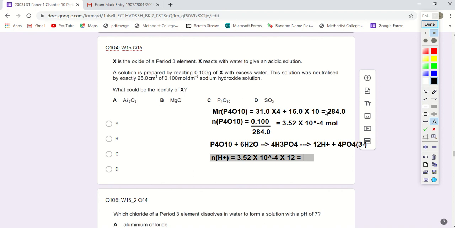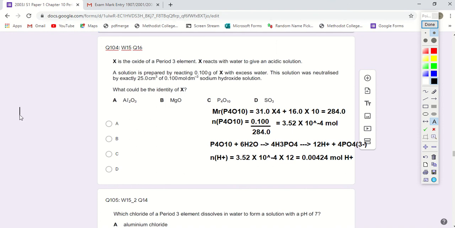So we should be getting 0.00424 moles of H plus ions. Now, if later we calculate that the number of moles of sodium hydroxide is also 0.00424, then the answer will be C, because neutralization will be the hydroxide ion from sodium hydroxide and H plus ion from the acid.